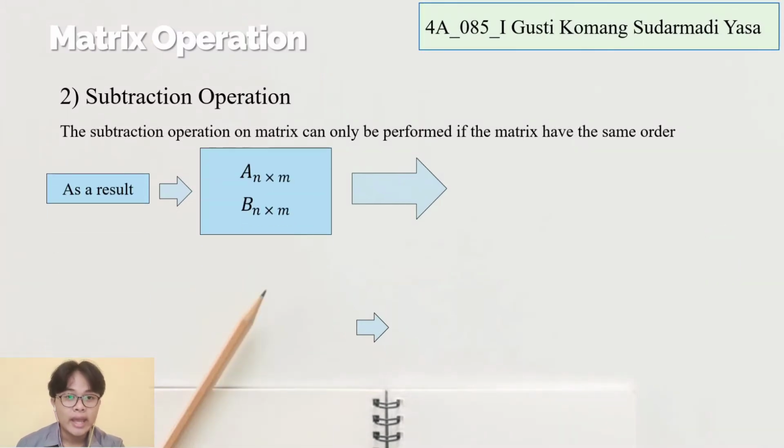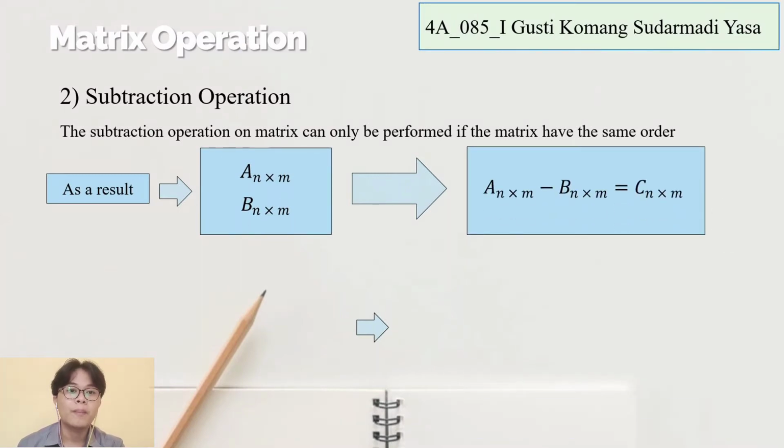If matrix A has the order n times m, and matrix B also has the order n times m, then the subtraction of matrices A and B produces a new matrix, that is matrix C, which has the same order, that is n times m. And the elements in matrix C are the differences of corresponding elements of matrices A and B.